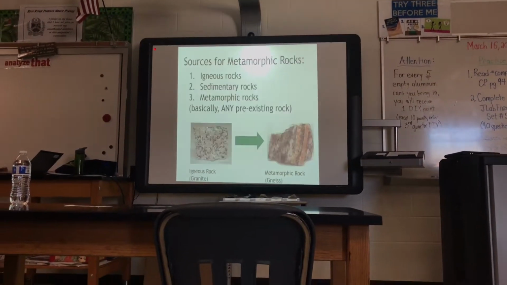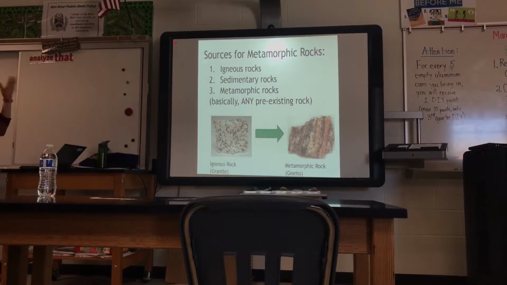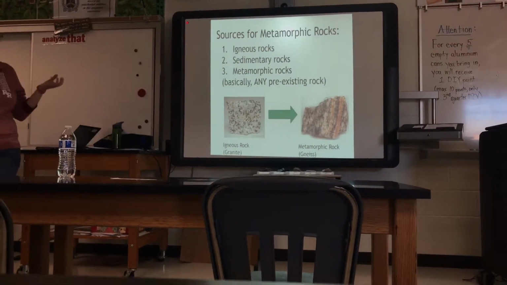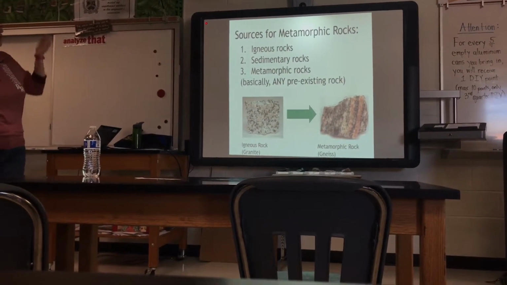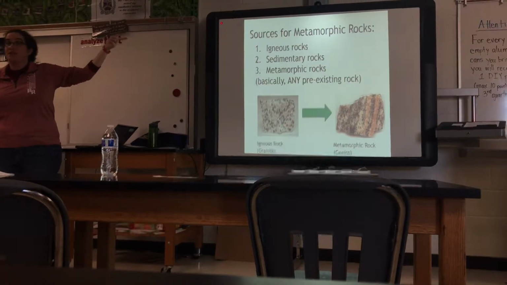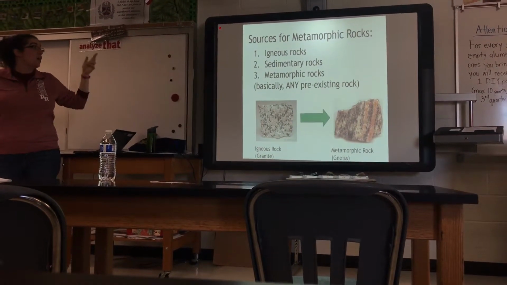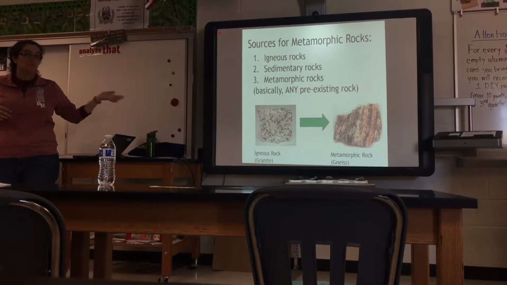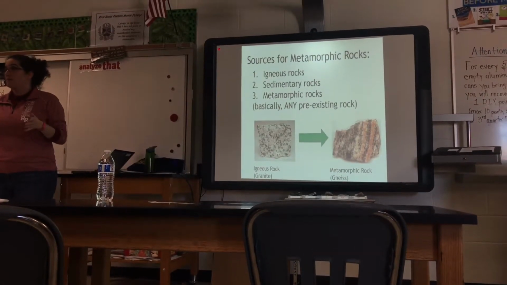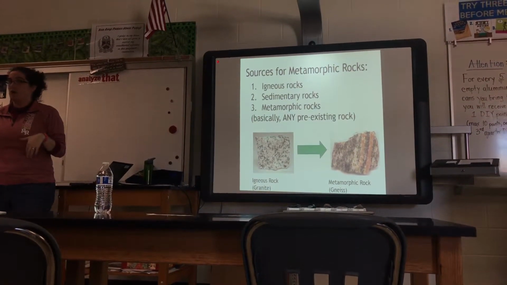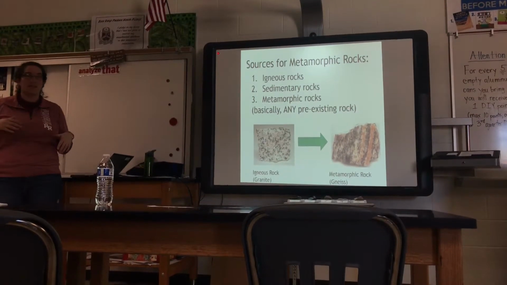And so the sources, so instead of sediments or instead of lava, what you're going to have are igneous rocks, sedimentary rocks, and other metamorphic rocks can all become a metamorphic rock. Metamorphic rocks are just rocks that are made from other rocks, but not in the same way that sedimentary ones are.